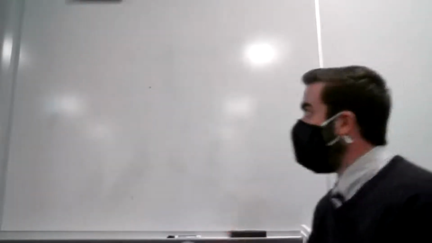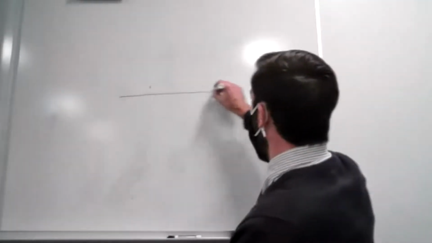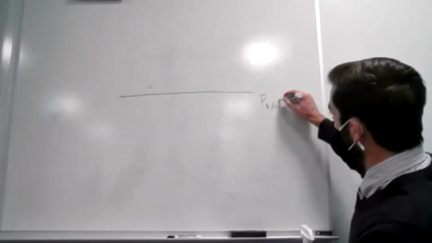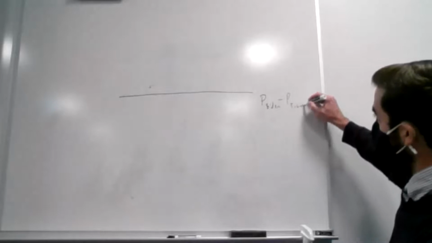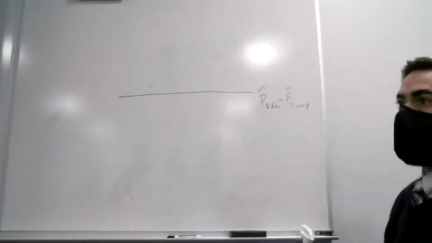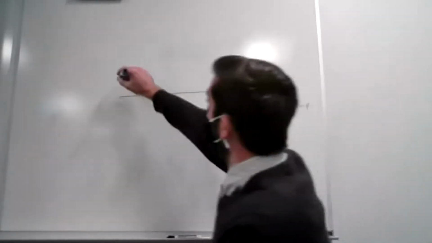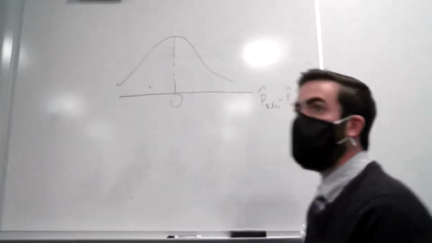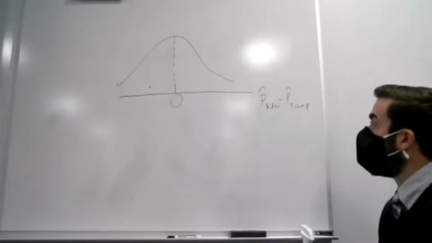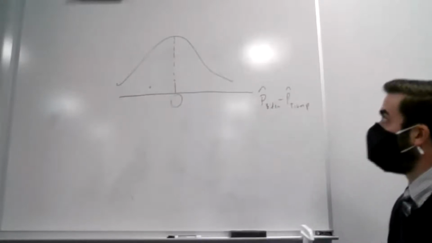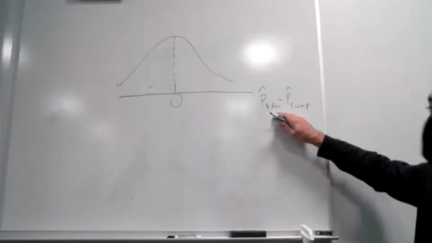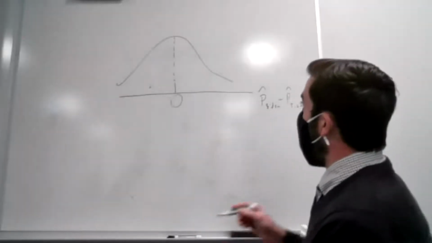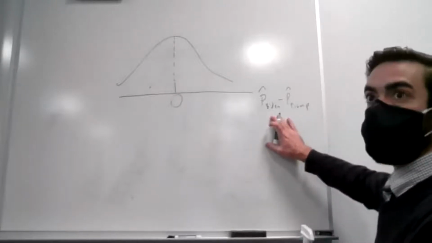For this difference in our sample proportions, we've assumed that it's 0. That was our cutoff. So if we're thinking about what our distribution for that difference in sample proportions should be, it should be centered around 0. What was our sample evidence?